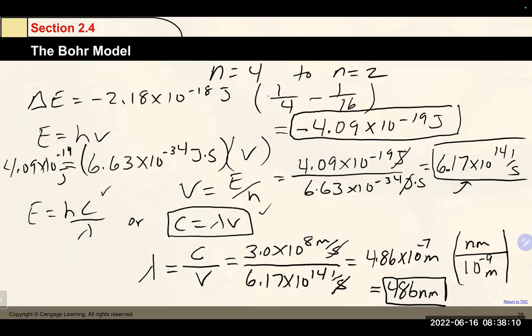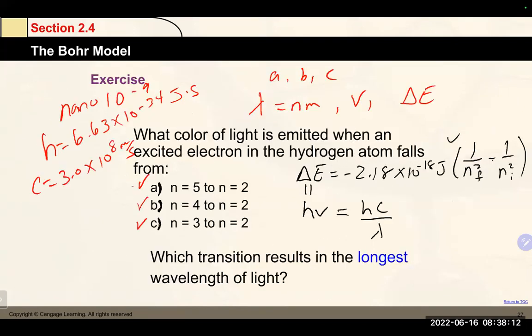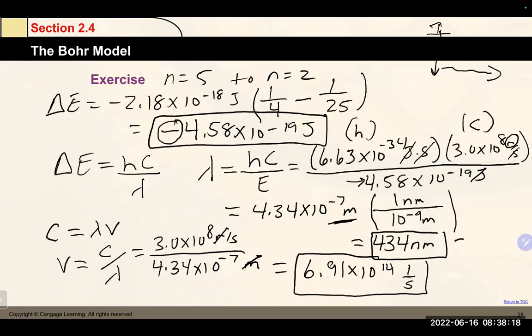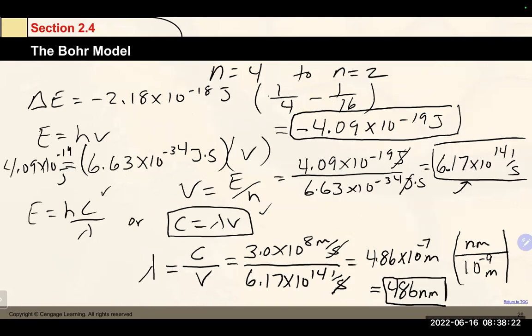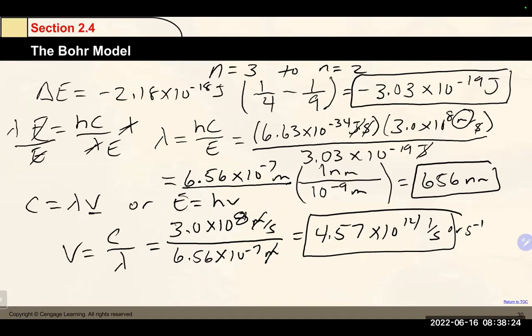Let's go back and look at what the question was. There are some other parts of the question. First off, which one results in the longest wavelength? We had 434, we had 486, and we obviously have 656, so this would be our longest wavelength. In terms of energy, that one should be the lowest in energy.